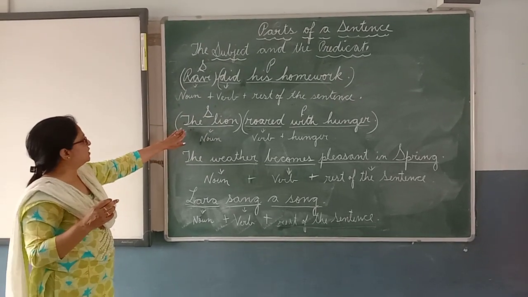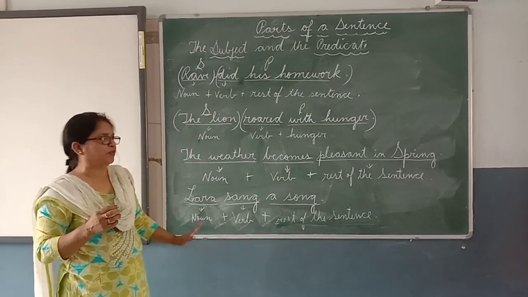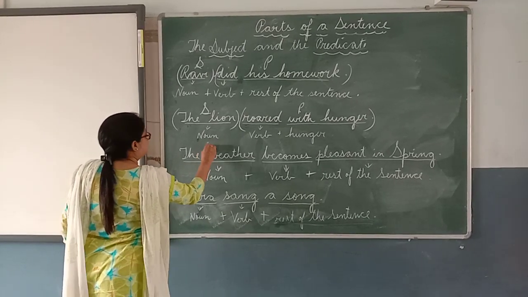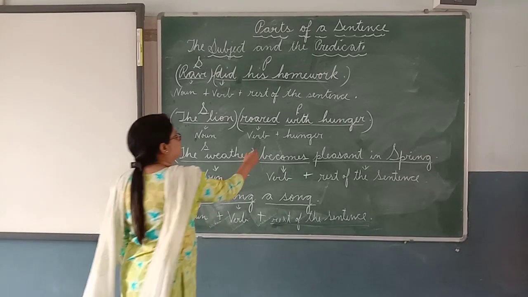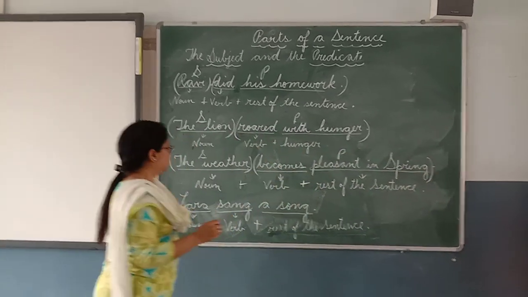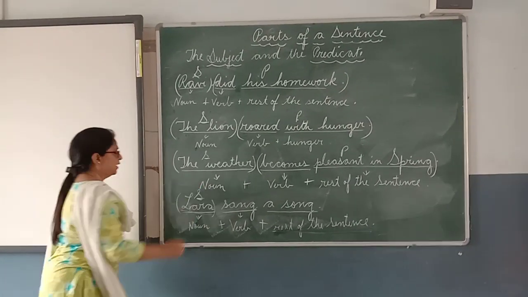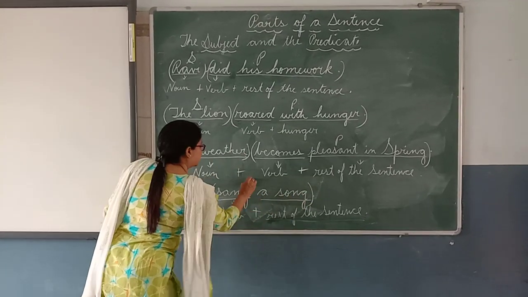In the second sentence, the lion is the subject, roared with hunger is the predicate. In the third sentence, the weather is the subject and becomes pleasant in spring is the predicate. And in the last sentence here, Lara is the subject and sang a song is the predicate.